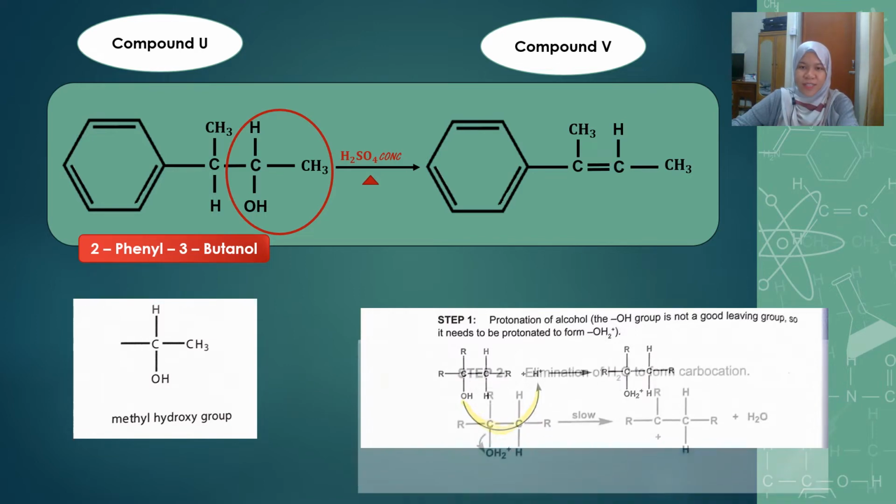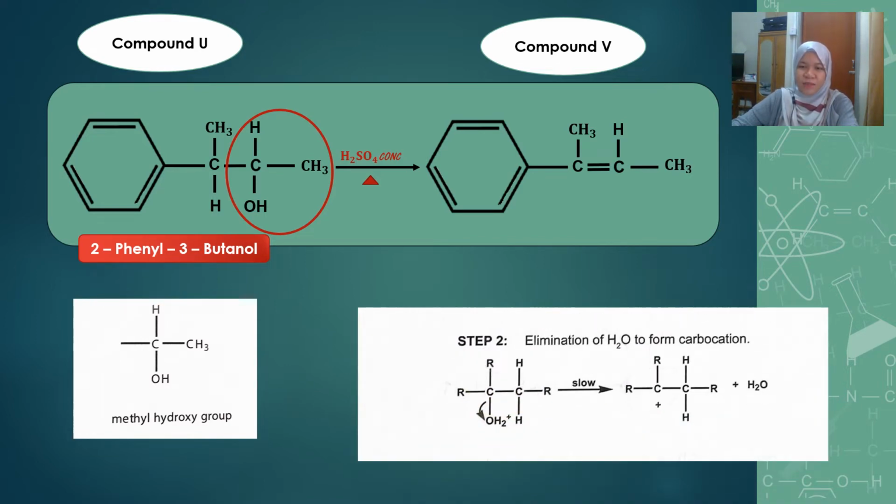Step 2 is elimination of H2O to form a carbocation. Now we have OH2+, and we will eliminate it to become H2O. The arrow there is from the bond to the oxygen of OH2+.